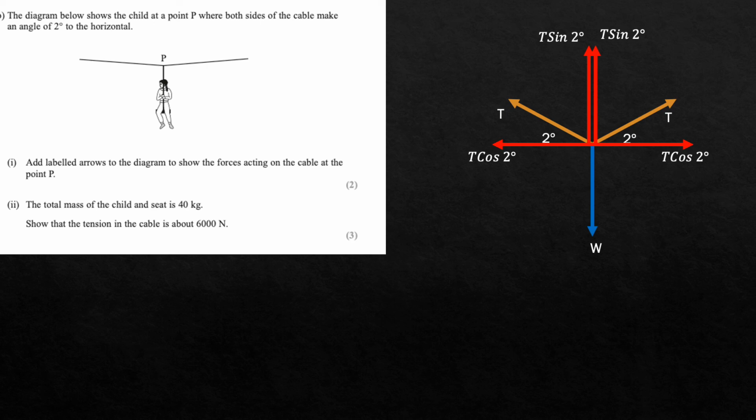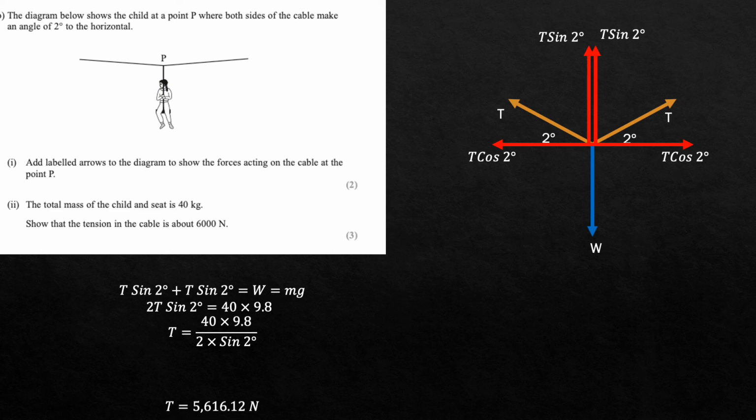For the vertical balance of the child, we can write T sine 2 plus T sine 2, which are the upward forces, equals W, or mass times gravity, the downward force, and hence 2T sine 2 equals 40 kilograms times 9.8. Therefore T is 40 times 9.8 divided by 2 times sine 2, which is 5616.12 newtons, which is about 6000 newtons, which is the answer.